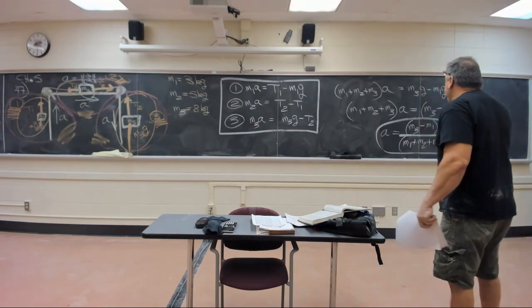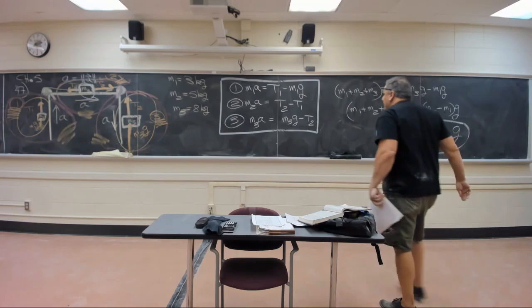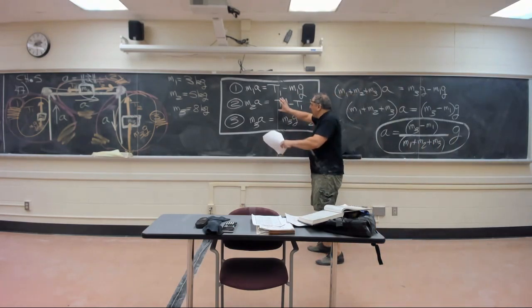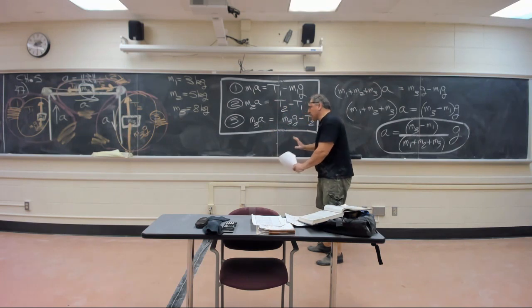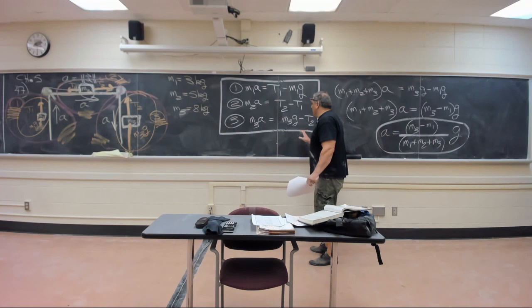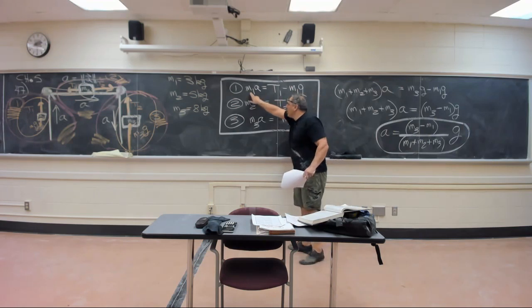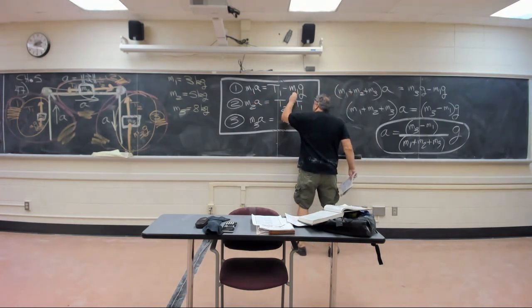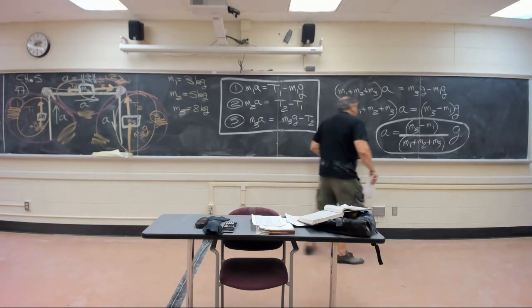How do you want to find the tensions? Tensions are pretty easy. I can go back up here. I can do it a whole bunch of ways. Once I get the ball rolling, I can do a lot of stuff. Let me solve for T1. Let me add a positive M1G on each side.